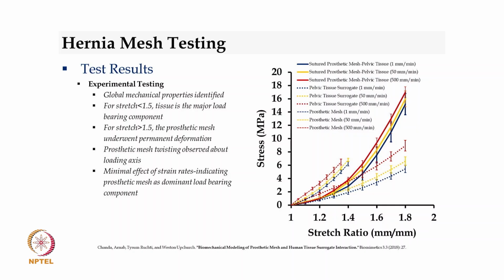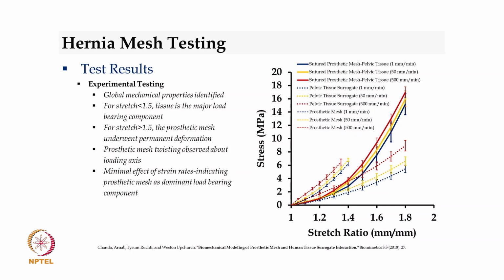However, when the overall strain increases over 0.5, the prosthetic mesh underwent permanent deformation. So after a certain strain, the prosthetic mesh was going through some deformation, and there was minimal effect of strain rates, indicating that the prosthetic mesh was the dominant load bearing component.